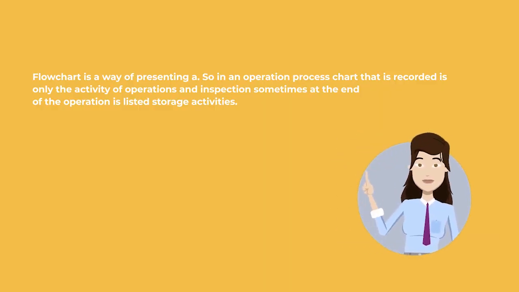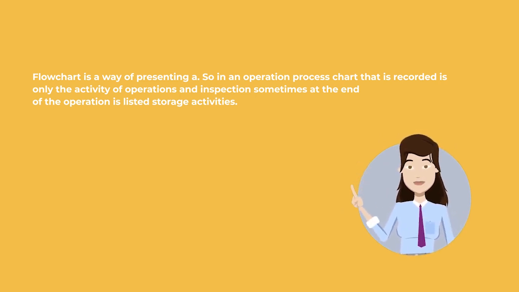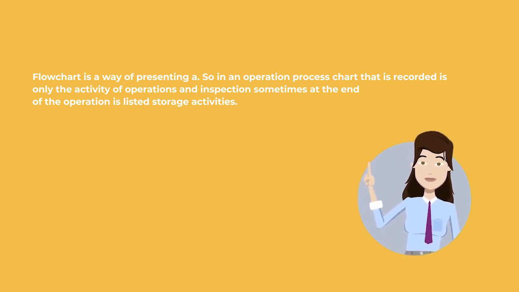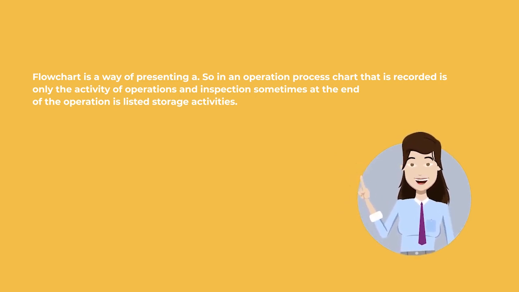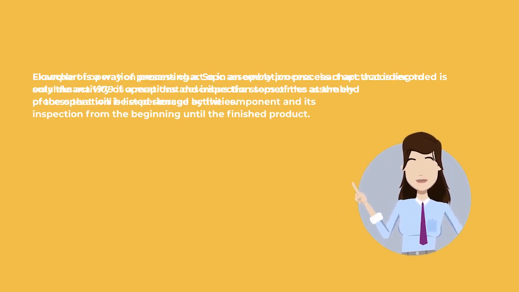Flowchart is a way of presenting. In an operation process chart, what is recorded is only the activity of operation and its action. Sometimes at the end of the operation, storage activities are listed.